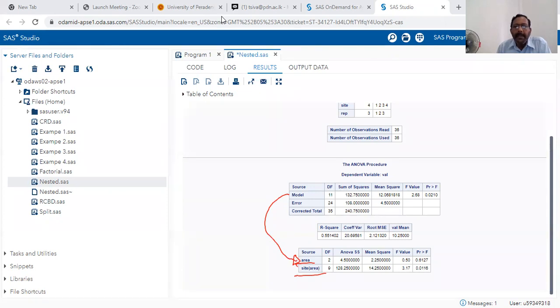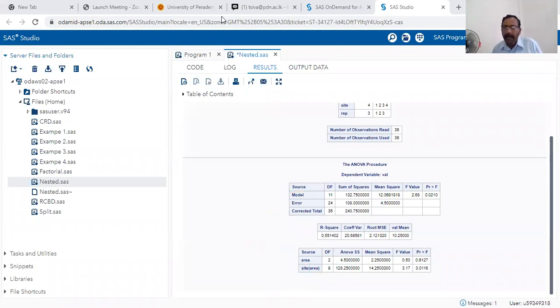Total degrees of freedom is 35, and the error degrees of freedom is 24. So that is fine. So this is equal to this 11 degrees of freedom. Am I right? Yes, we have done already, so you can cross-check.